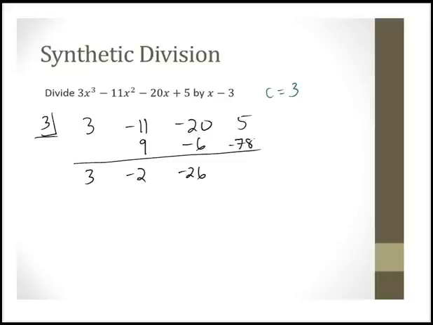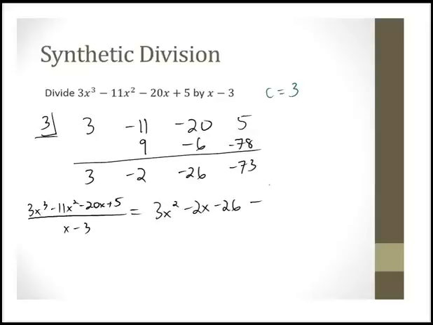Add. Negative 73. So therefore, 3x cubed minus 11x squared minus 20x plus 5 divided by x minus 3 is 3x squared minus 2x minus 26 minus 73 over x minus 3.